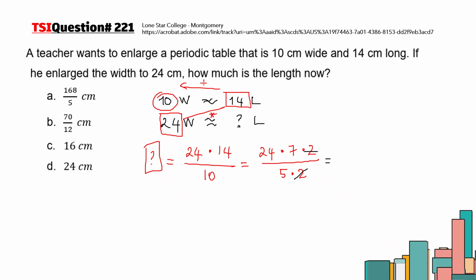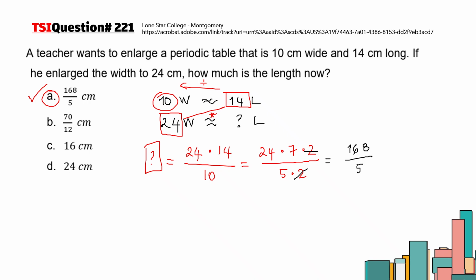So now we do 7 times 24. 7 times 4 is 28, write 8, remember 2. 7 times 2 is 14, plus 2 is 16. And then divide by 5. So the correct answer is A, 168 over 5.